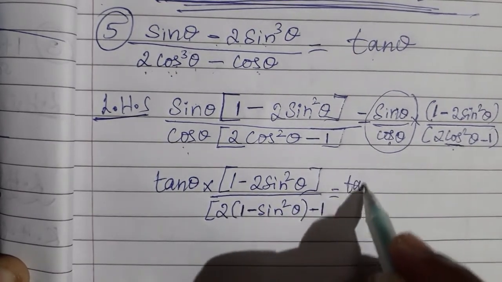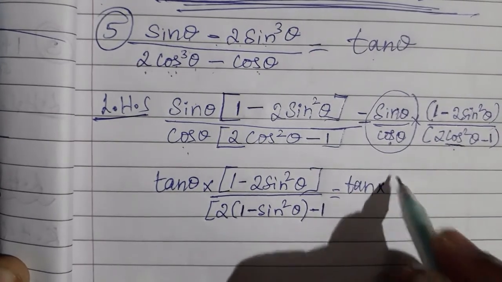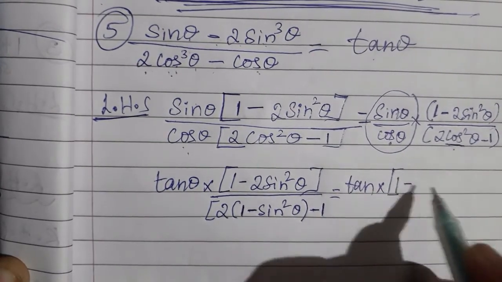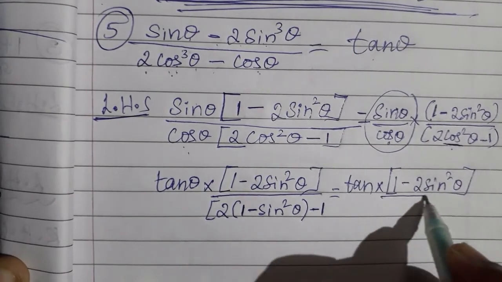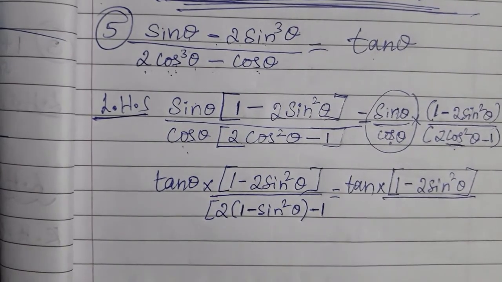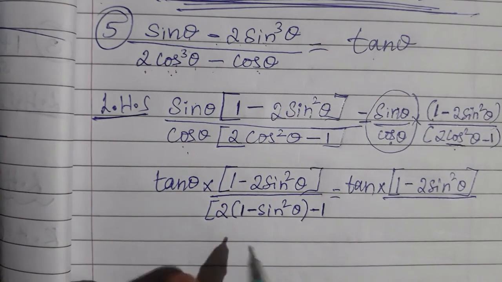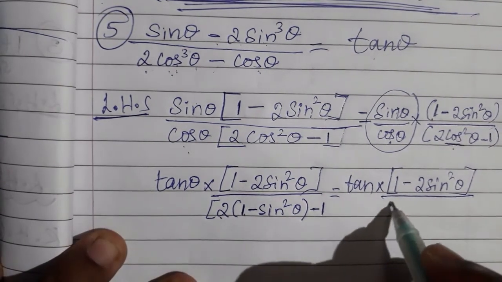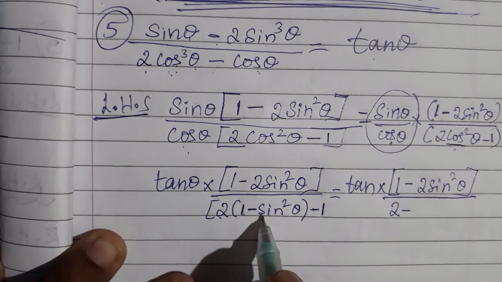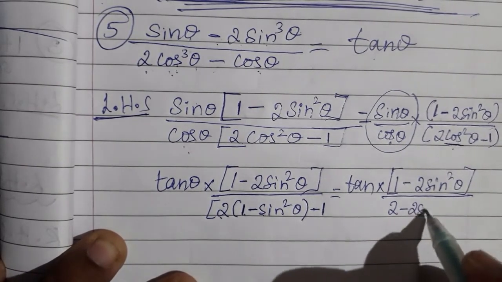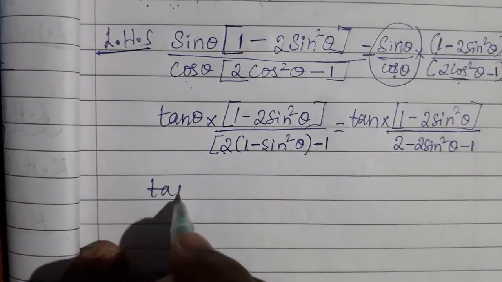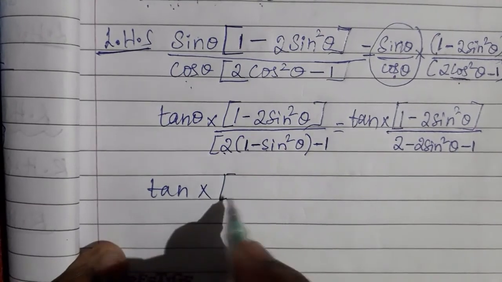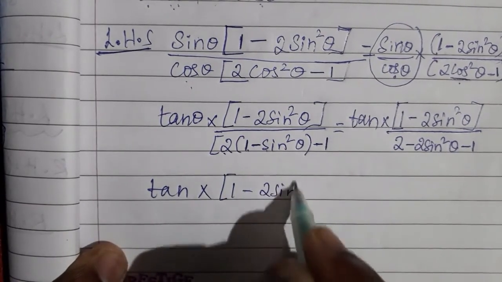Now tan theta will remain as it is, and the numerator will remain as it is, 1 minus 2 sin square theta. Now we'll see the denominator. You can multiply: 2 ones are 2, minus 2 into sin square theta, 2 sin square theta minus 1.